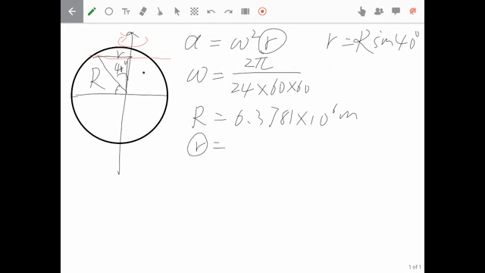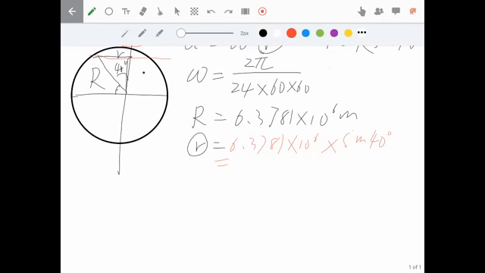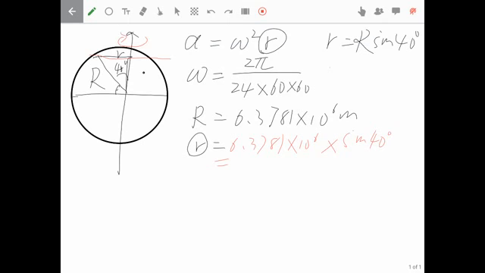The lowercase r equals 6.3781 times 10 to the power 6 times sine 40 degrees, and you can find it with your calculator. 4 times the squared angular velocity, times 6.3781 times 10 to the power 6 times sine of 40. When you square the omega, remember you must use brackets to include everything.